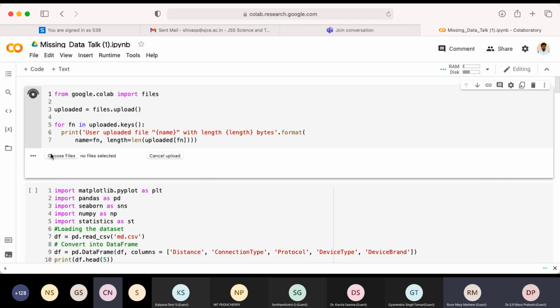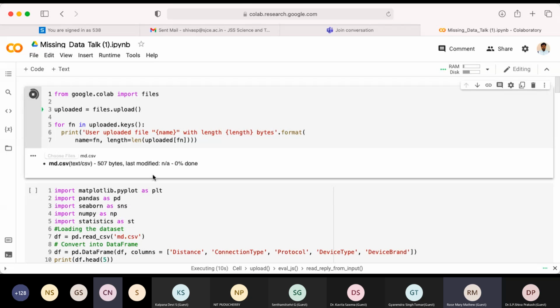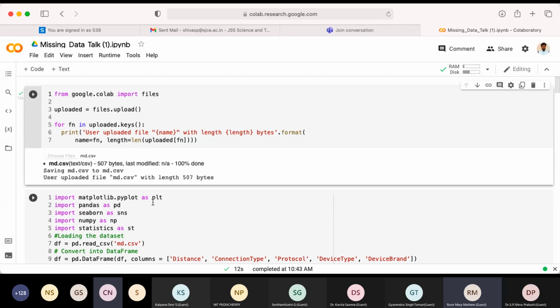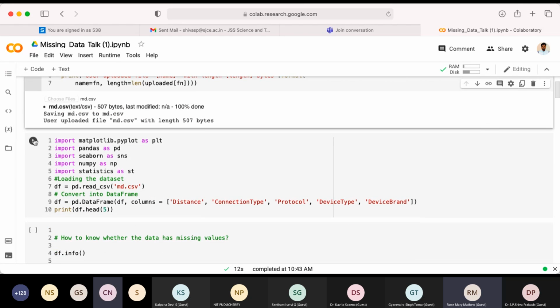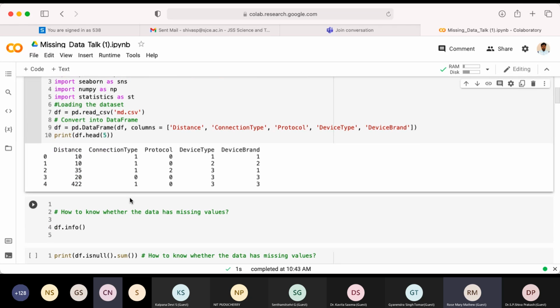I'll just choose the file. Okay. Now this is the sample data set that has been used, right?